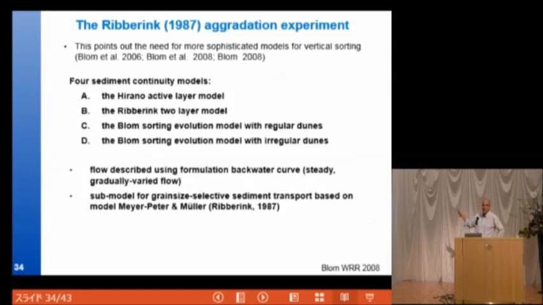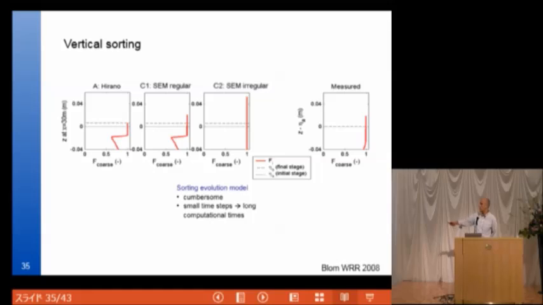Briefly, there are some other models that can be used. They were tested and developed by Astrid, and they overcome this problem. As you can see here, this is the Hirano model, more or less the results that we get, and here is a model developed by Astrid. This is the measured one, this is the one obtained with the model, and they are in quite good agreement.